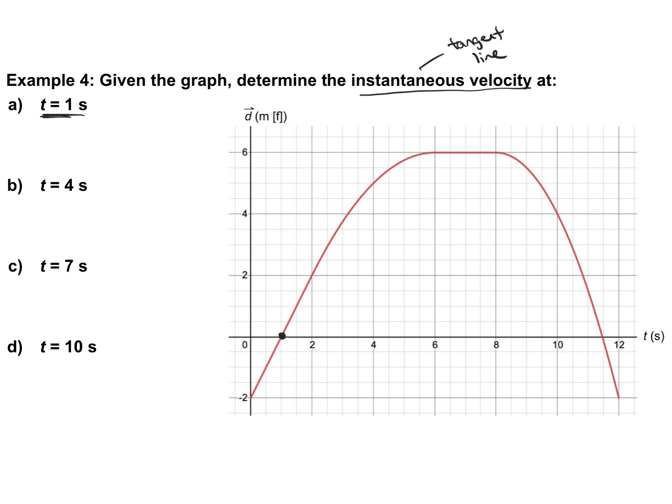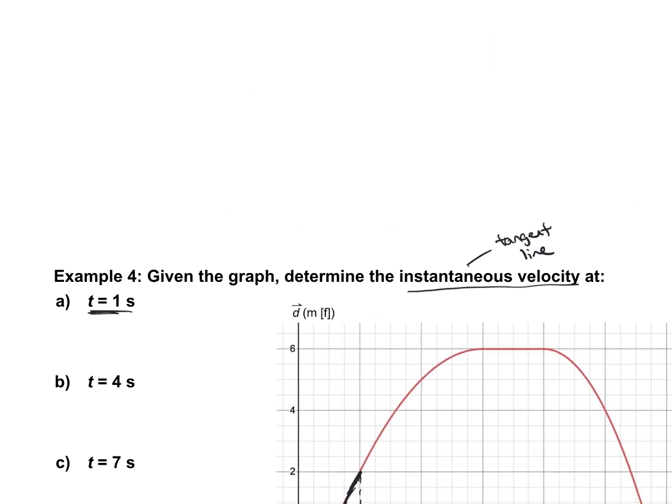Well, this part of the graph is already straight. We're lucky. So it's not a curve. It's got a constant velocity. To calculate it, all I really need to do is calculate the slope of this line segment right here.